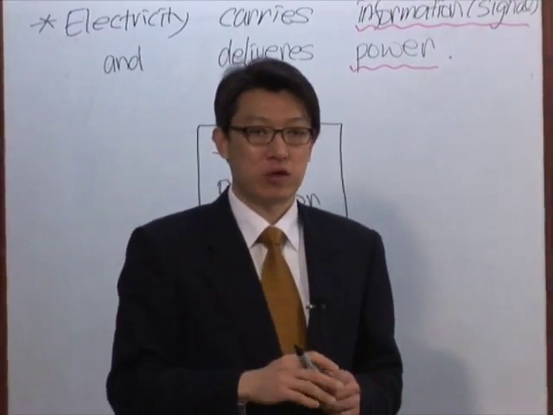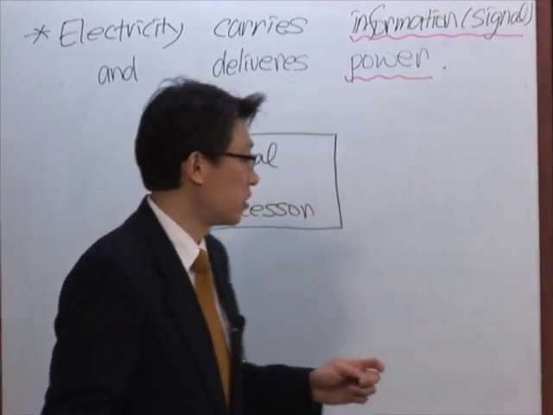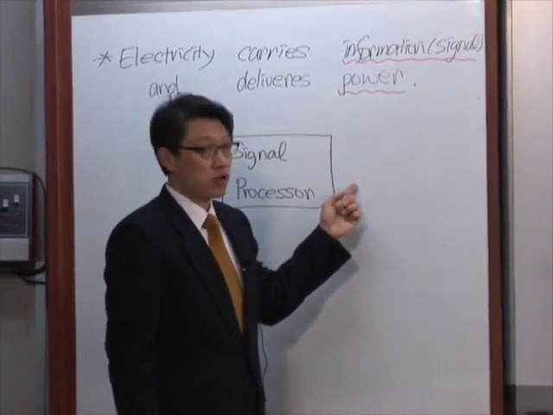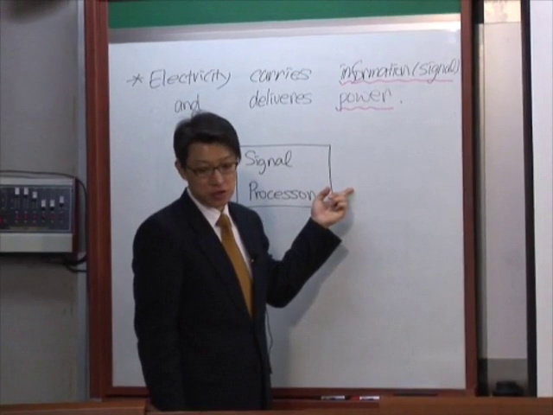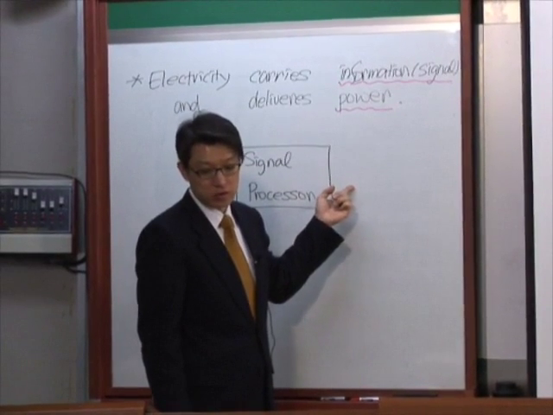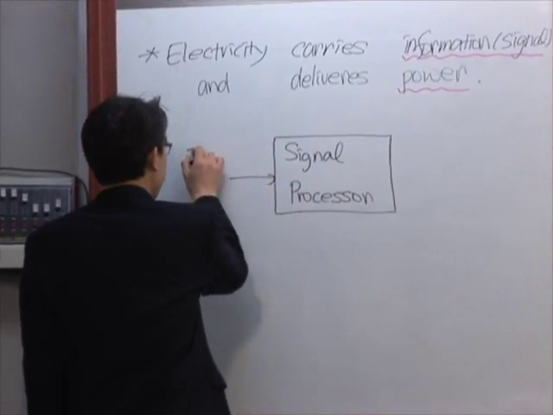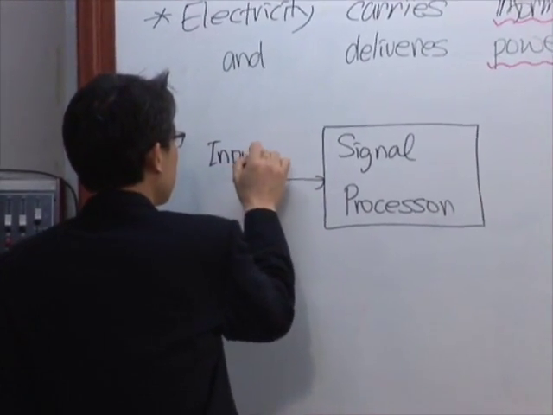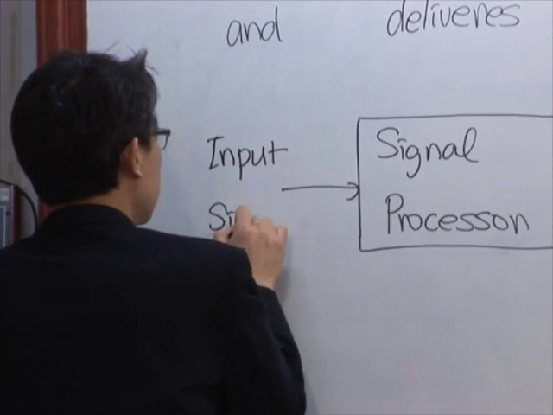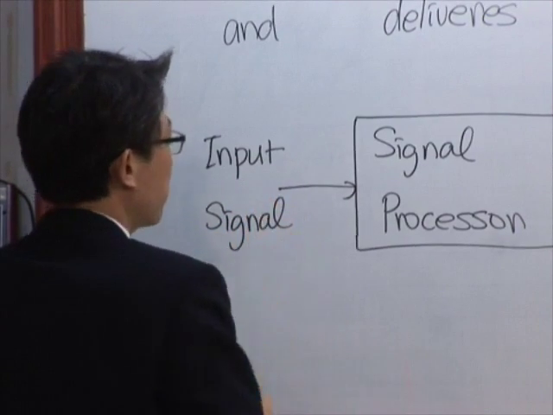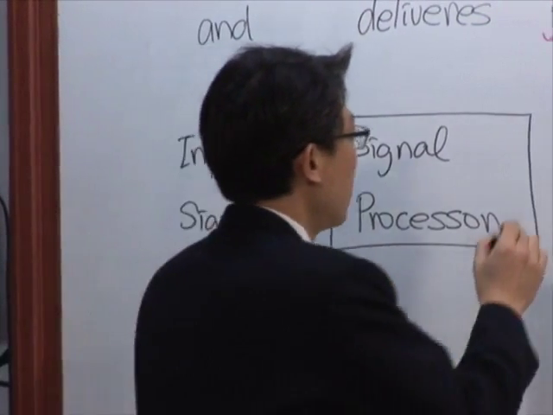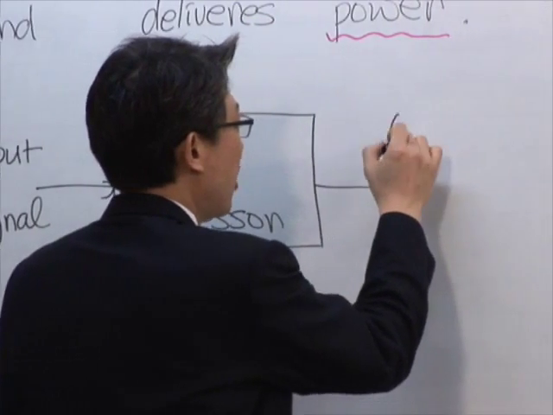Power electronic engineers use this analogy as compared to signal processing, okay? Power conversion and signal conversion. So we have an input signal. This is a given. Okay? And we have an output signal.